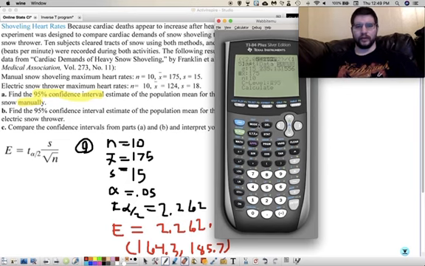I clicked Z when I went to click T. Very good. And we get a T interval of 164.3 and 185.7. Good, they match.